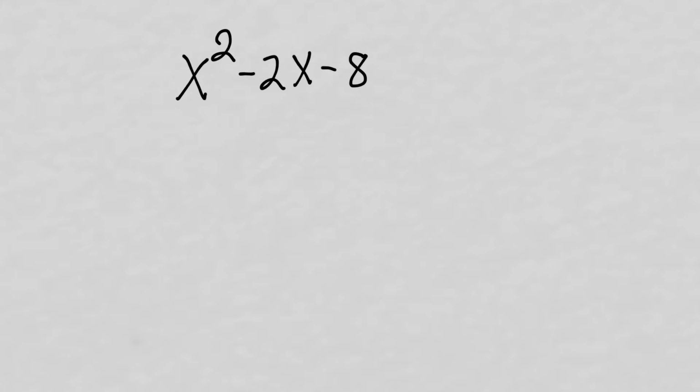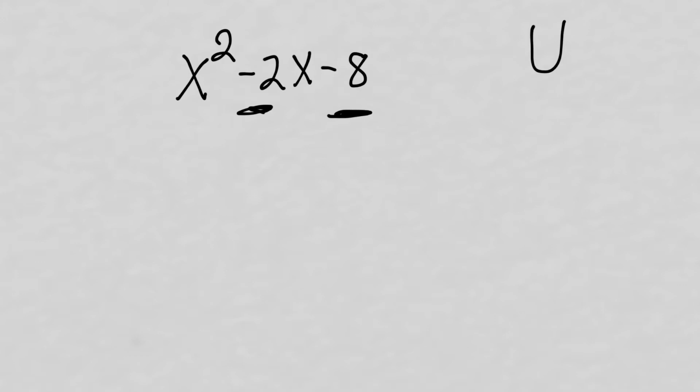This is the zeros of a basic parabola. Remember, a parabola looks like this. I have to factor this to find the zeros. I need to find two numbers that multiply together to give me -8 and add together to give me -2. I'm just going to go straight to it.